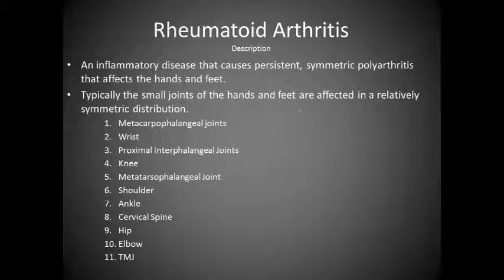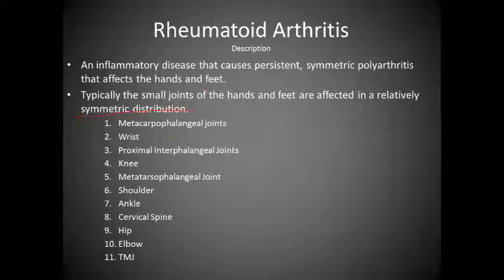The first thing that usually is most prominently affected is the metacarpal phalangeal joints of the hands. Then the wrist, the proximal interphalangeal joints, knees, metatarsal phalangeal joint in the feet, shoulder, ankle, cervical spine, hip, elbow, and TMJ. All of these areas can be affected by rheumatoid arthritis.